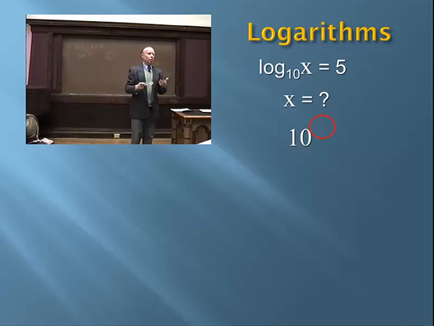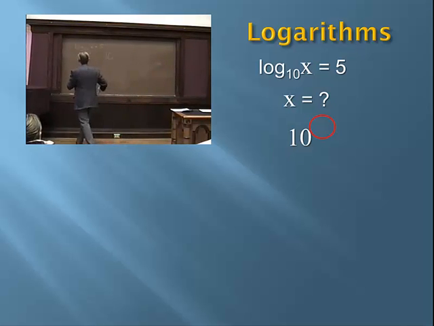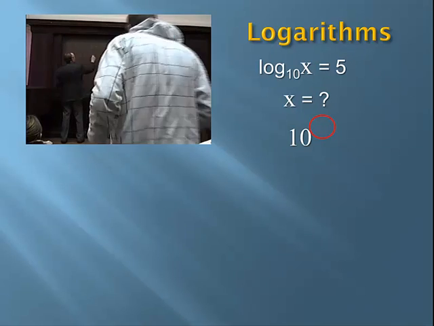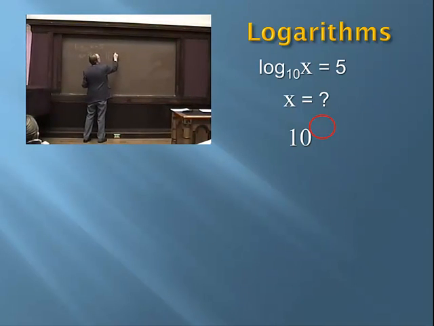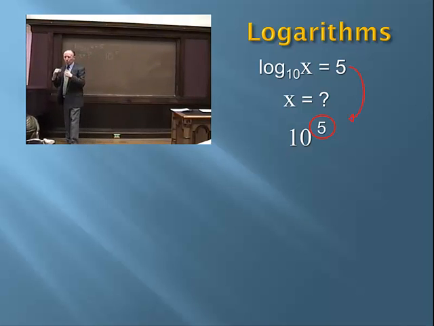Well, you can express a number between 100 and 1,000 also as a power of 10. It won't be a nice whole number like 2 or 3, but the point is that you can express any number as a power of 10. Well, if the log of our number x is 5, that means that 5 is the exponent of 10 which gives you that number x.